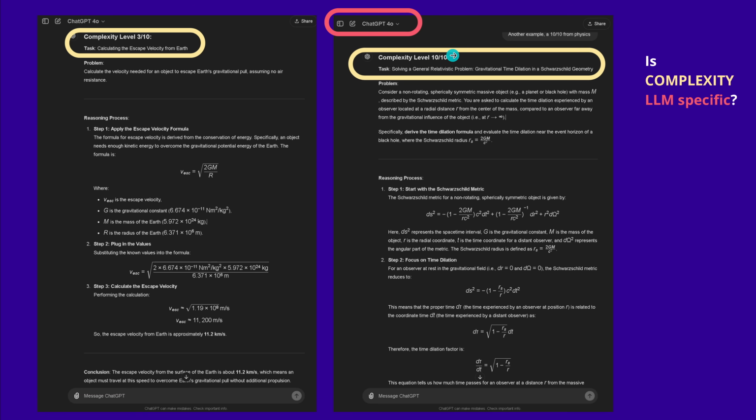Solving a general relativistic problem, the gravitational time dilation in a Schwarzschild geometry, like for example in a simplified black hole, and it gives me a simple reasoning process on the mathematical equation to solve time dilation because of gravitational fields. So you see, this is a 10 out of 10. Now you compare this and you ask yourself, is complexity LLM specific?